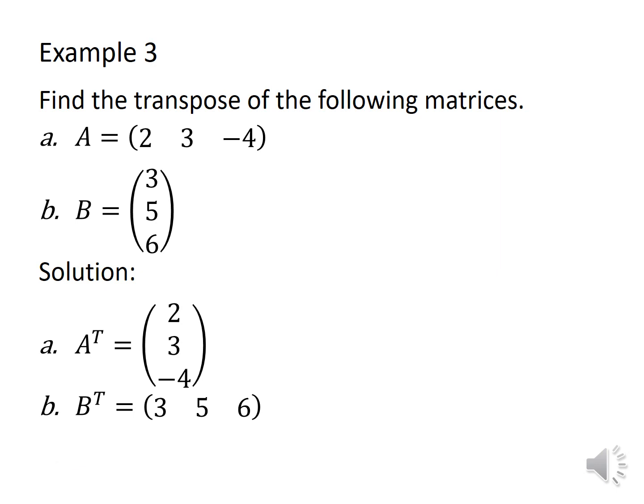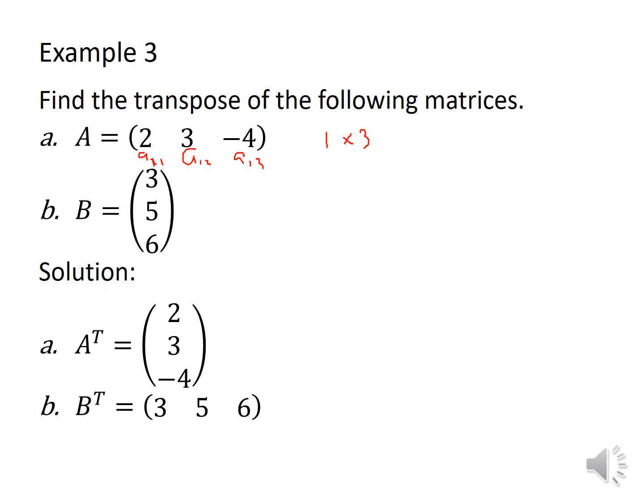Now, you look at the size of the matrix A. The size of this matrix is 1 by 3. And the coordinates of the elements are A11, A12, A13. Look at the answer.